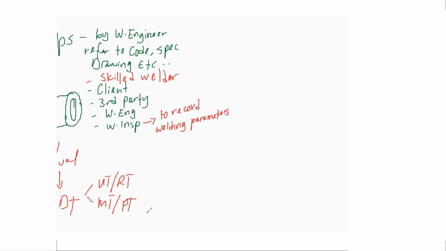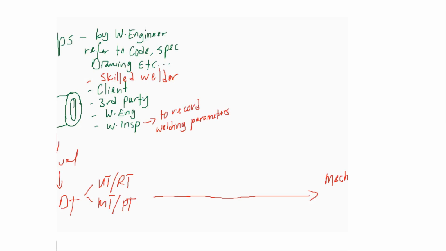If that is acceptable, then this test coupon will be sent to mechanical test, or destructive test, carried out in a mechanical test lab. What they want here depends on the code or specification.